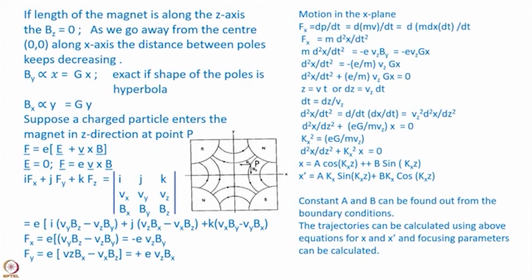And therefore, it is necessary that by properly choosing the parameters, you can focus the beam in both planes by rotating, because you have to change the sign. So you need a minimum of two quadrupoles, one here and one here, and this quadrupole is rotated by 90 degrees, so that the field directions change, and then it will give focusing in the other plane where it was defocusing in the first quadrupole.